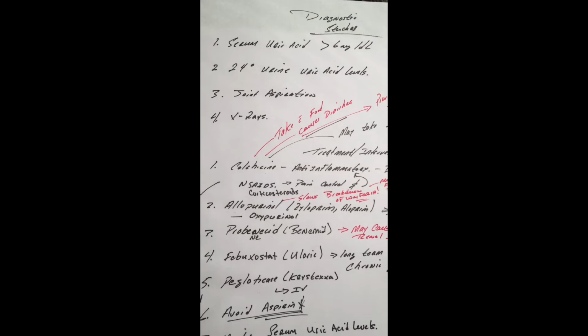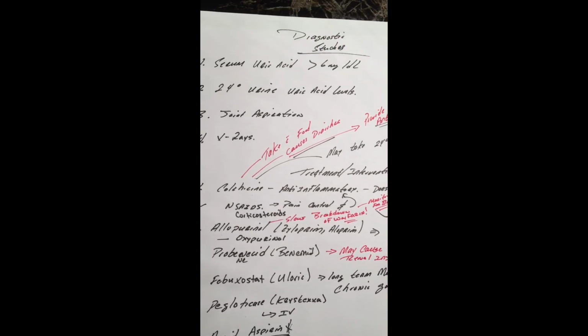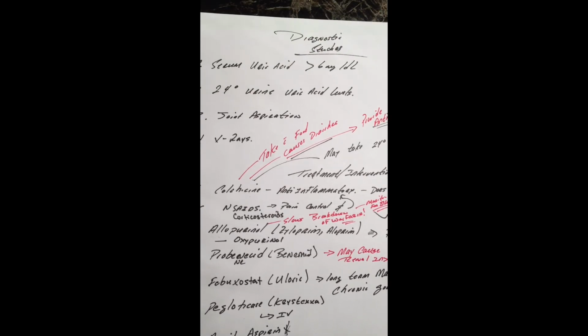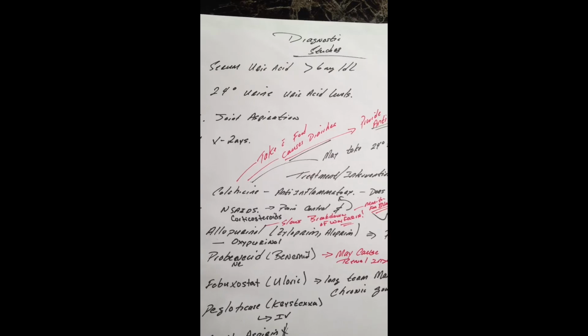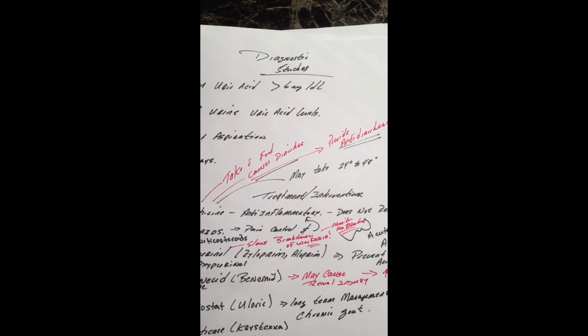Now, one thing to know about colchicine is that it typically takes about 24 to 48 hours to actually see some results, to see a decrease in inflammation. Another thing that you must know about colchicine is that it causes diarrhea. That is one of the adverse effects of taking the medication. So, physicians may also prescribe some type of anti-diarrheal medication.